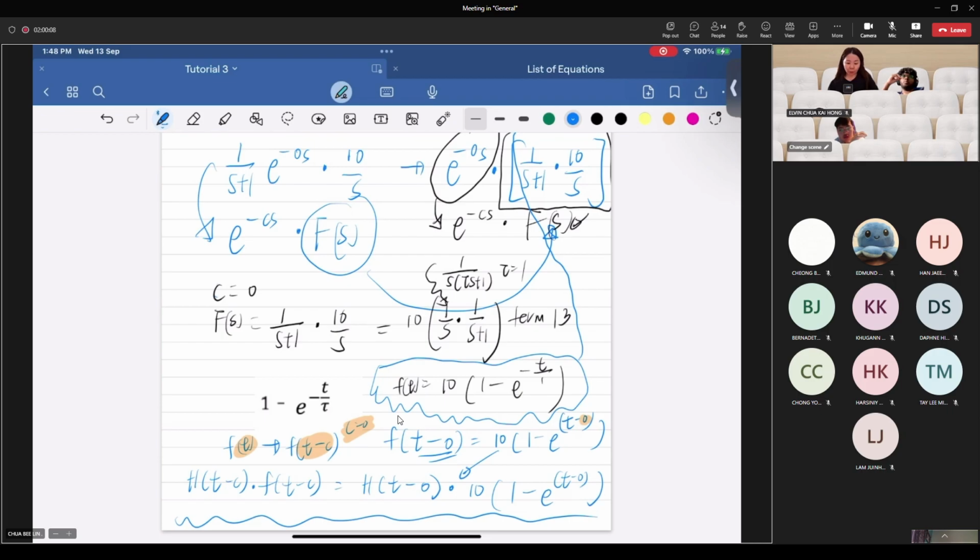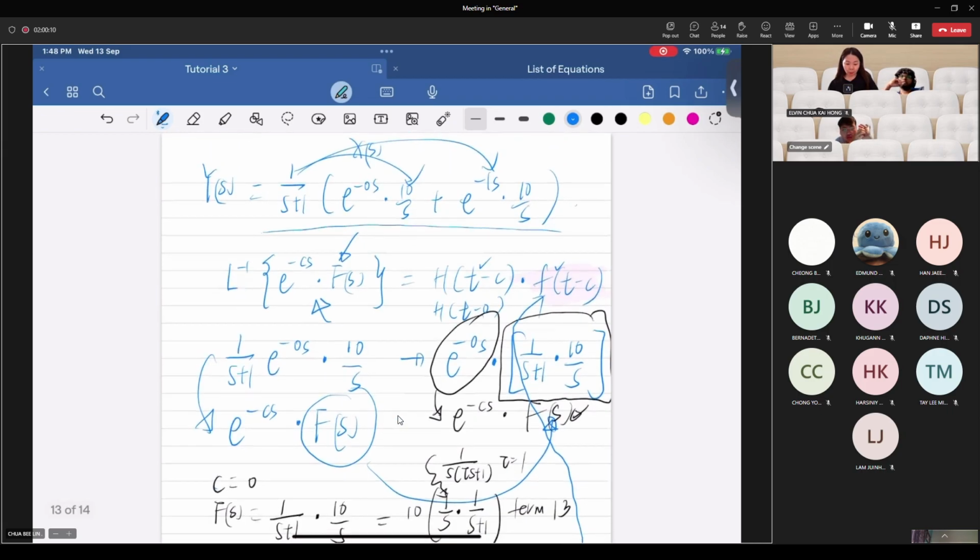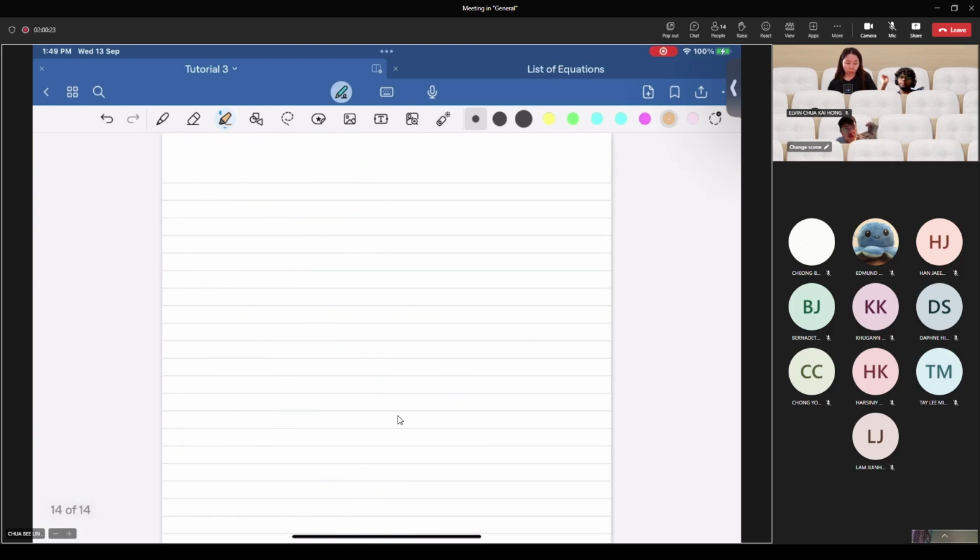Okay, now we repeat for the second part, this one multiplied with this. So we move to the next page.